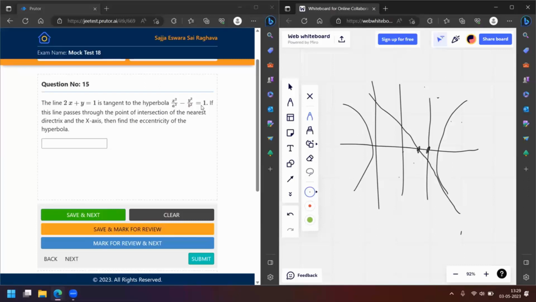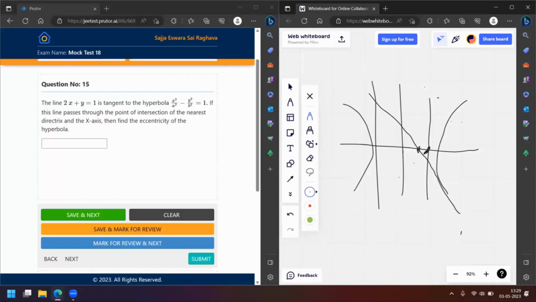So if you take y equal to 0, x should be half, and we know the directrix will be x equal to half. Also this is a tangent to the hyperbola x square by a square minus y square by b square. For this to be a tangent, the equation has to follow certain rules, and we'll get a relation between a square and b square by using the fact that this is a tangent to the hyperbola.